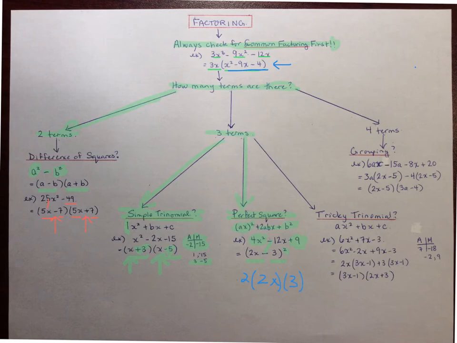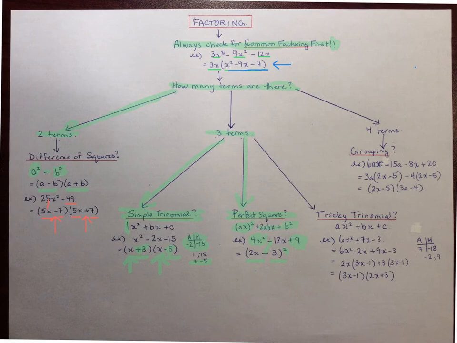So 2 times 2x times 3: 2 times 2 is 4, times 3 is 12. That would give me my 12x. And I've got the sign from the middle, which is my minus, so that would work. A good thing to check every time. I could potentially give you an example where it looks like it should be a perfect square, but then turns out to not actually work as a perfect square.